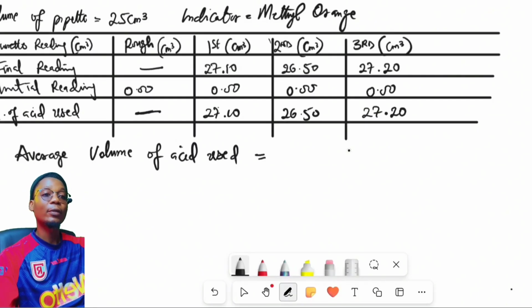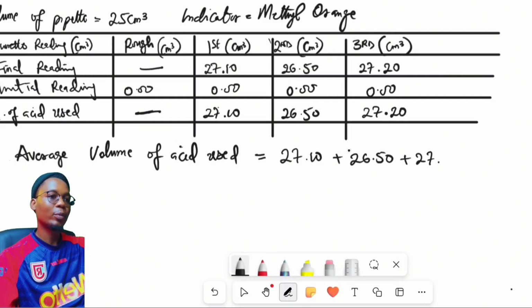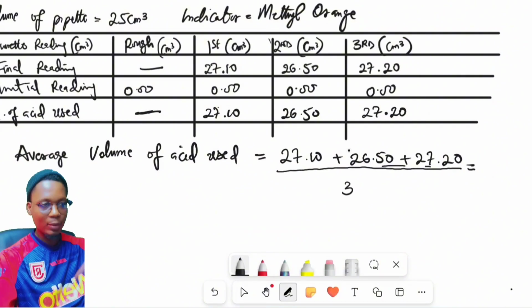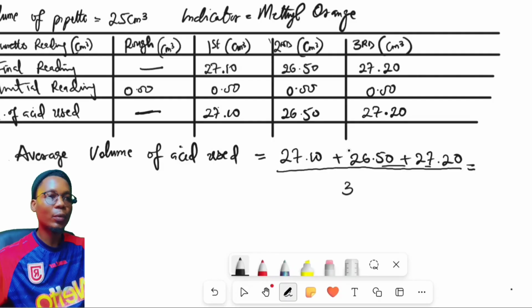So to find the average volume of acid used, you are going to have 27.10 plus 26.50 plus 27.20, all divided by 3. All right, so let's do the quick calculation and see what we have.